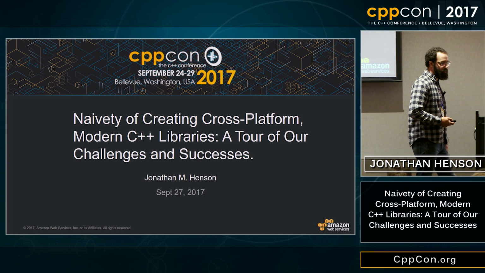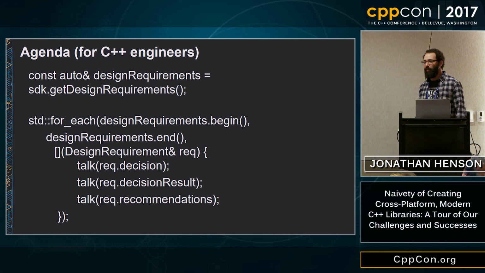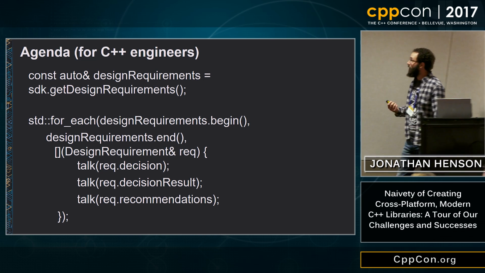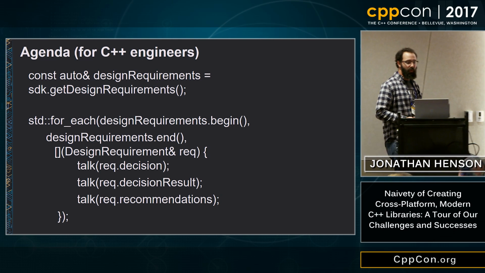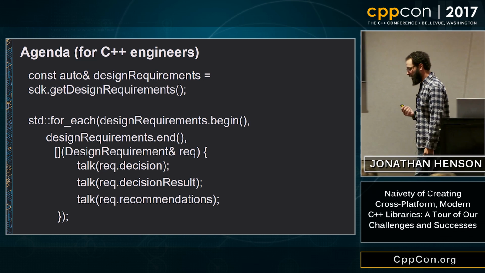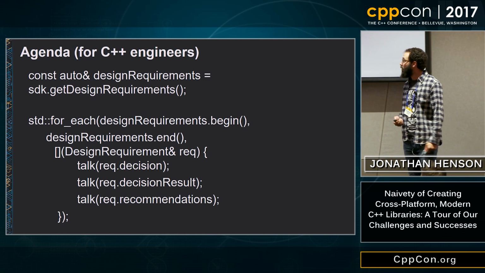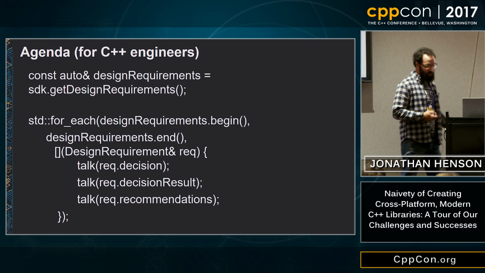So our agenda today for C++ engineers is we're going to go over each of these design requirements, or many of them. For each one of those, we're going to talk about the design decisions we made, and the results. So we're going to look at some consequences, largely what was successful, what was challenging about that, and then we're going to have some recommendations.